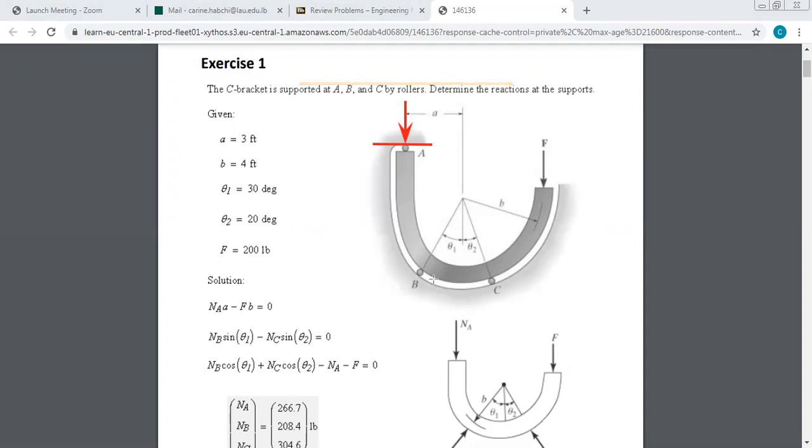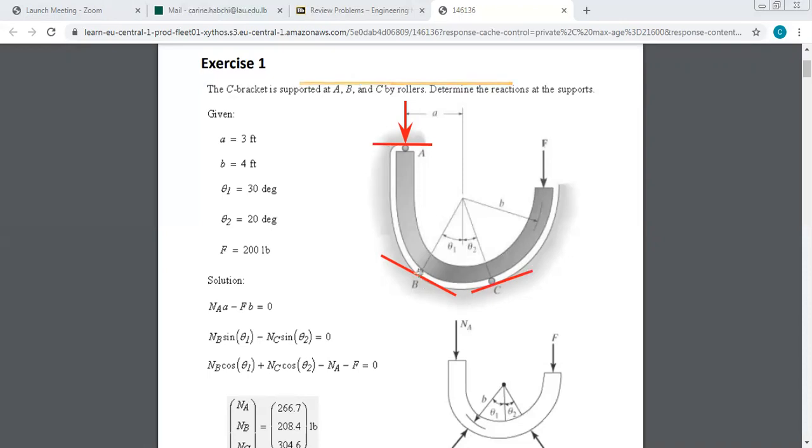Now, at B and C, you have a circular track of radius A. When you have a circle, the tangent is along the perpendicular to the radius. If I want to draw the contact line, it is perpendicular to the radius at B and also perpendicular to the radius at C. So the reactions will be like this.